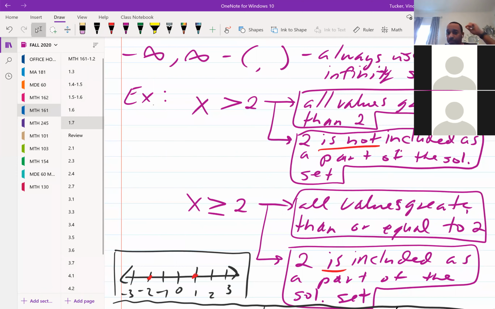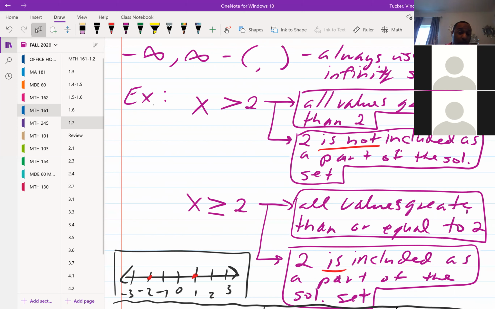All right. So if we're talking about x is greater than 2 versus x is greater than or equal to 2, x being greater than 2, my solutions have to be greater than 2. That represents all values that are greater than 2, and 2 is not included as a part of the solution set. So that's what we mean by exclude. We will exclude 2. 2 would not be a part of the solution set.